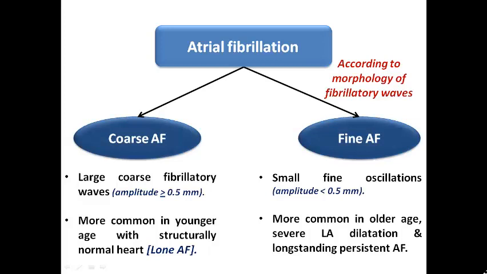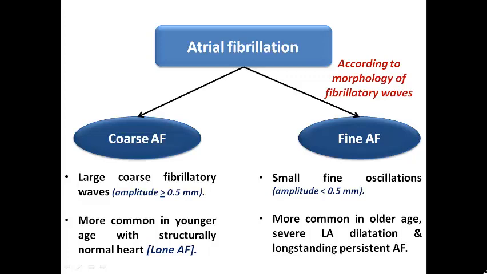In coarse AF, the fibrillatory waves are large and coarse with amplitude nearly more than or equal to 0.5 millimeter, and this is more common to see in younger age with structurally normal heart, which we usually call lone AF. Although we mentioned that atrial fibrillation is more common in patients with structural heart disease like mitral valve disease or LV dysfunction, it may occur in patients with structurally normal heart like in a young patient, and in this case we call this lone AF.